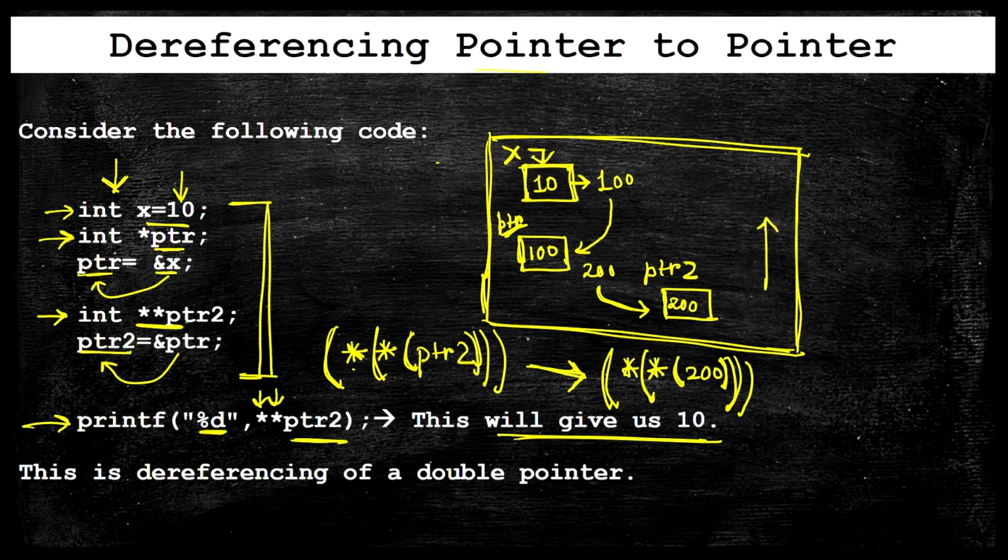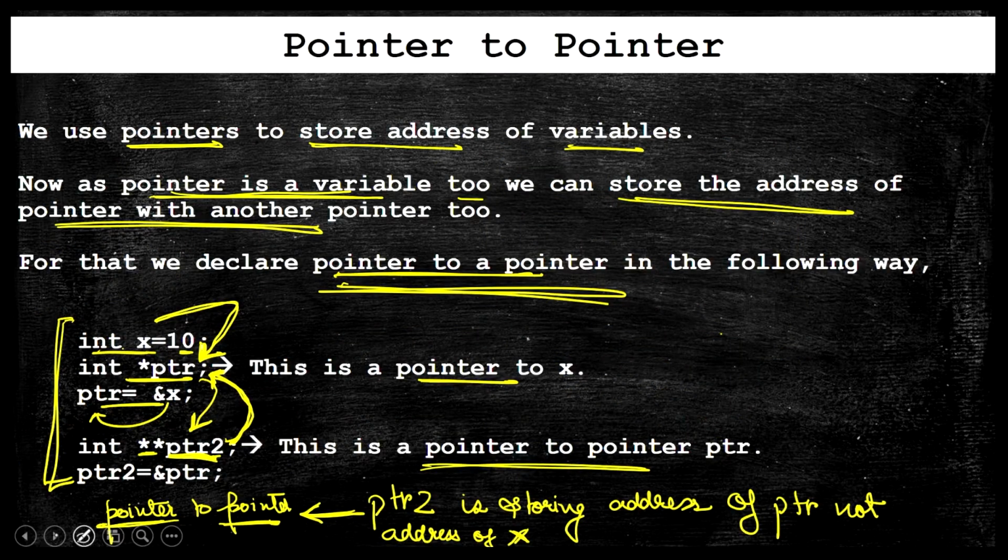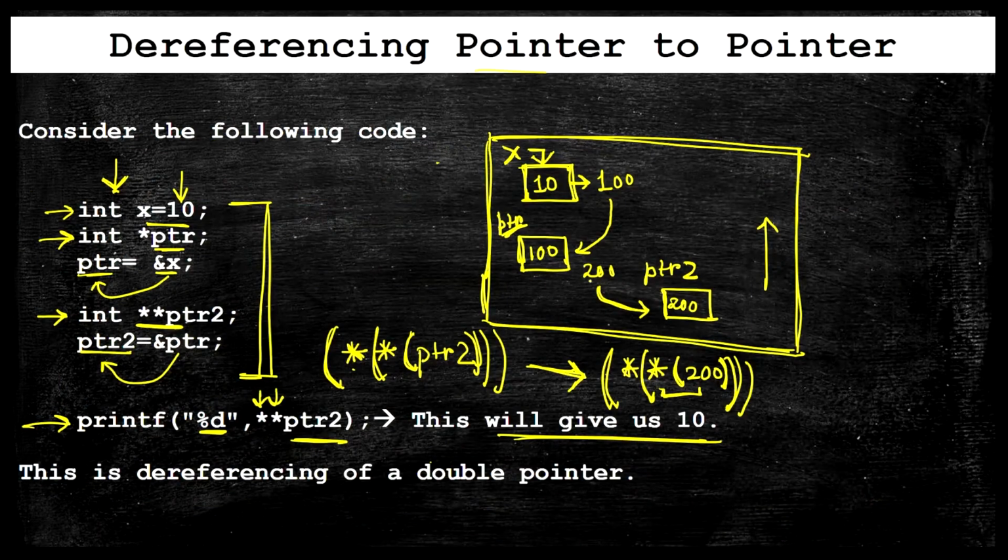Very good. What is this star 200? That is dereferencing of this 200 address. So what will we get? We will get 100 over here. So now it will be star 100, because star 200 is giving us this 100, which is the value of ptr.